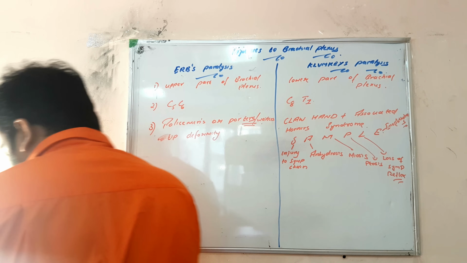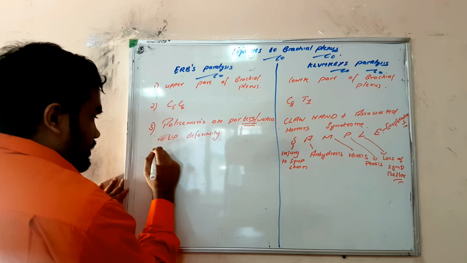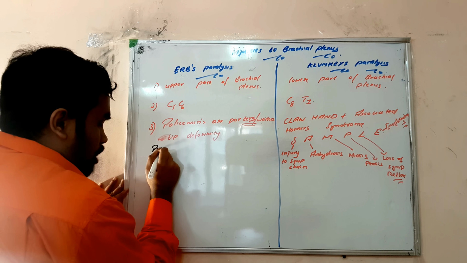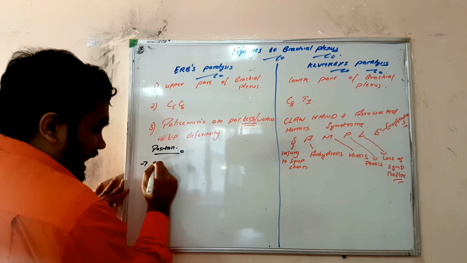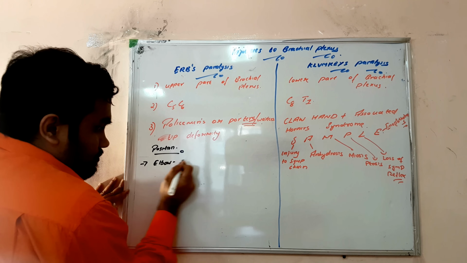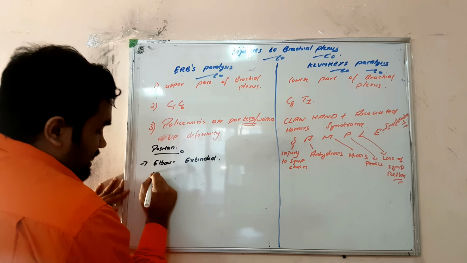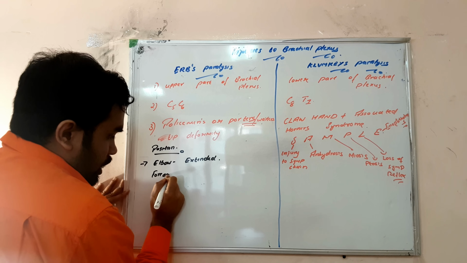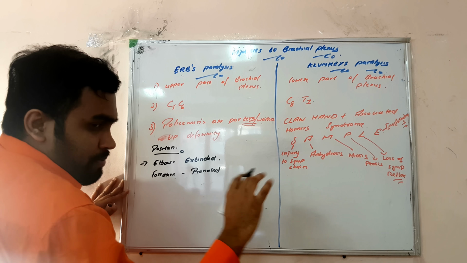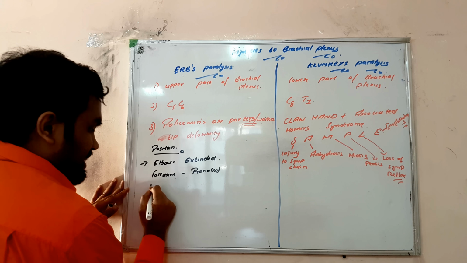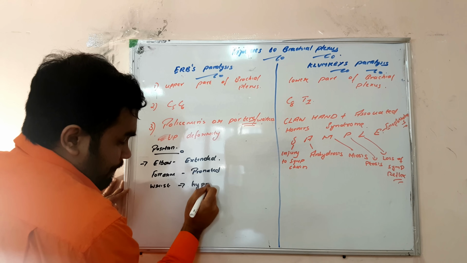Now in Erb's paralysis, how will the position of the hand be? The elbow will be extended. The forearm will be pronated. Supination and pronation, right? And the wrist will be hyperflexed.